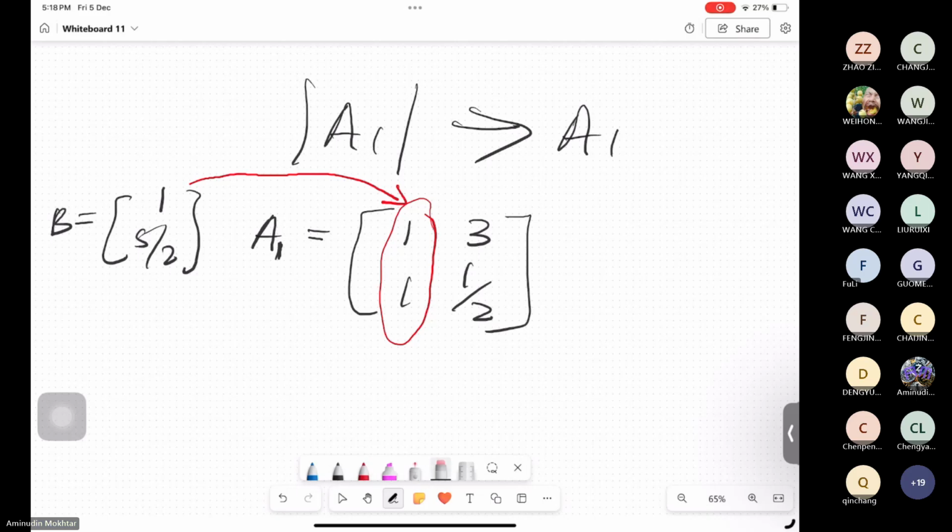So now I erase this number. The elements of B are 1 and 5/2.